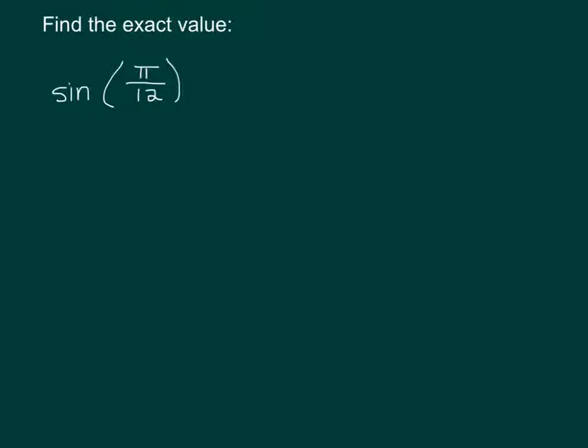So up here, what we've got is we could say this is sine of pi over 4 minus pi over 6. If we have subtraction of two fractions, which means you need a common denominator, that common denominator will be 12. This is 3 pi over 12.